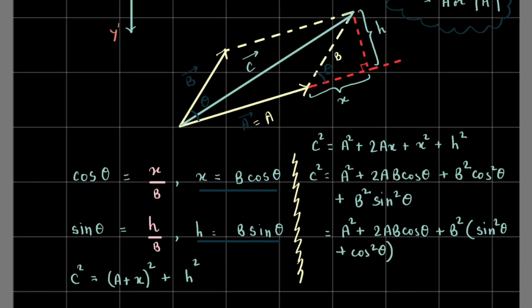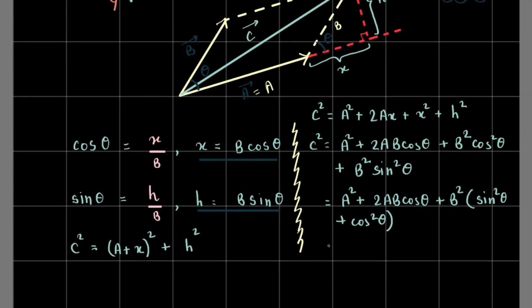And what is sin square theta plus cos square theta? It's 1, right? You learned that in trigonometry 101. It's an elementary relation. So what is the final expression? A square plus b square plus 2ab cos theta.